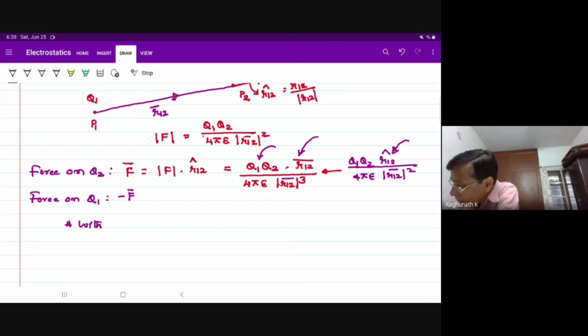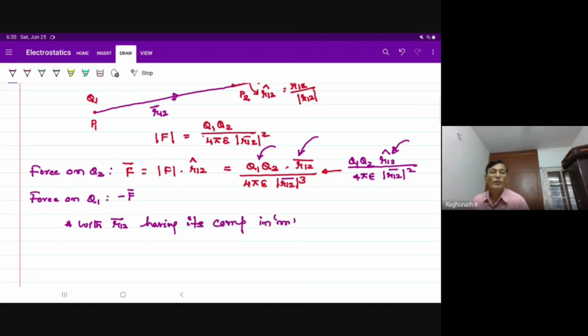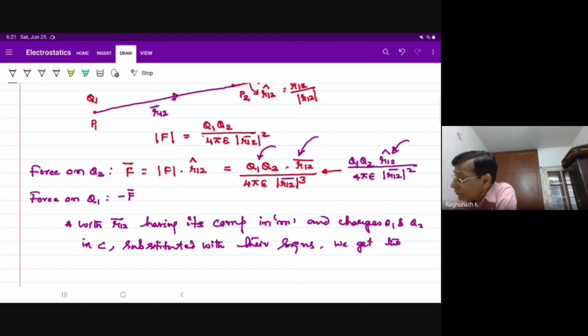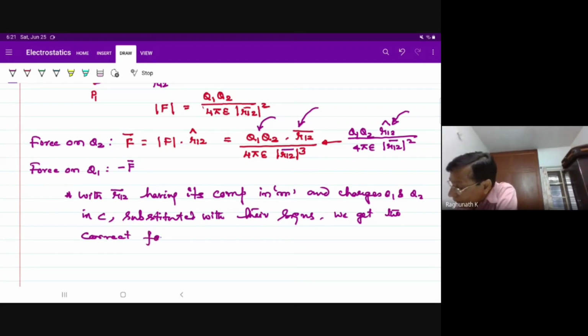Carefully, R12 bar having its components in meters, charges Q1 and Q2 in coulombs substituted with their signs, we get the correct force vector for any combination of charges.